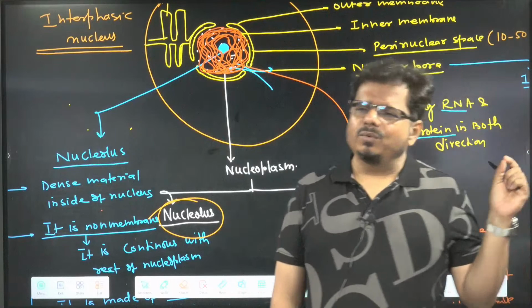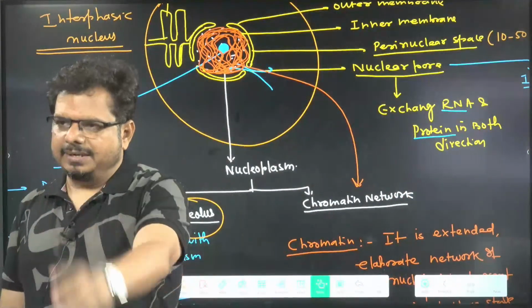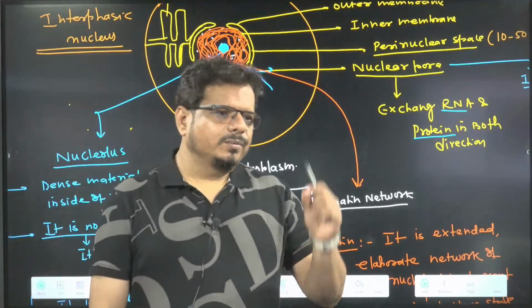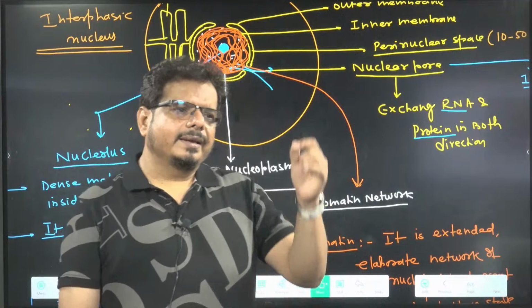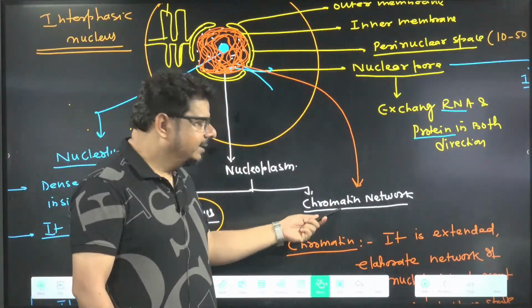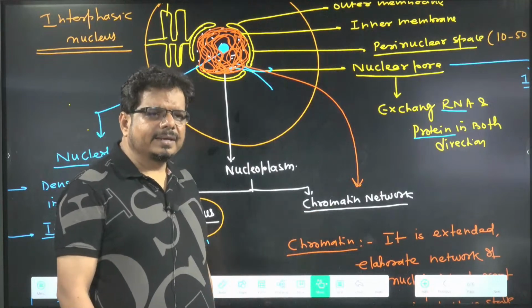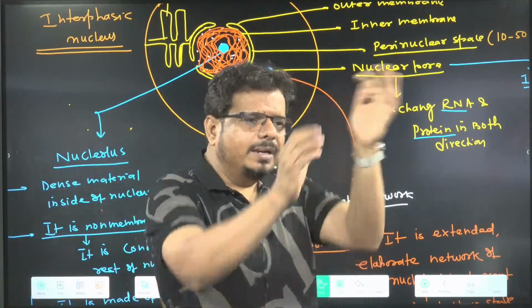Now I am asking a common sense based question. If I remove a single cell from your body, try to understand, and then I remove the nucleus, I will find what is there in the nucleus? Chromatin network is there, right? So in that chromatin network, how many chromatin are there?